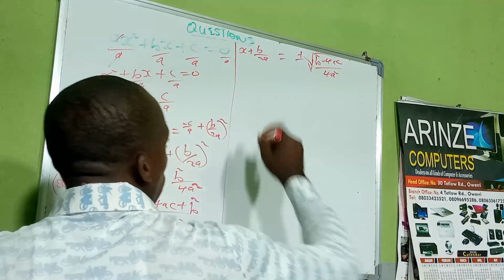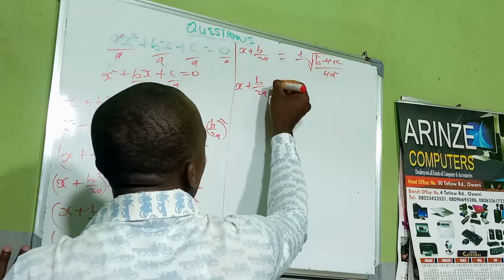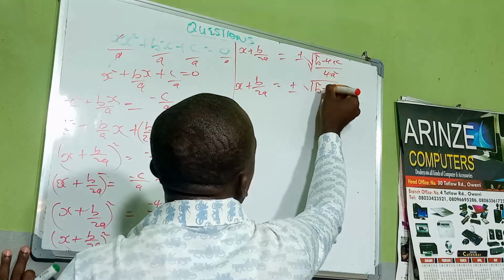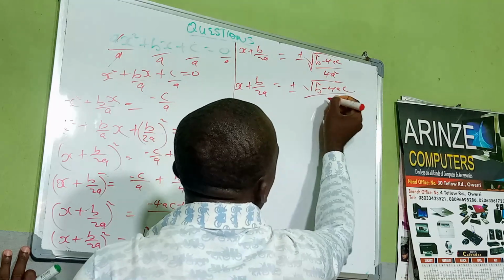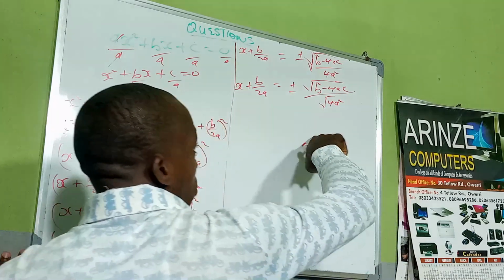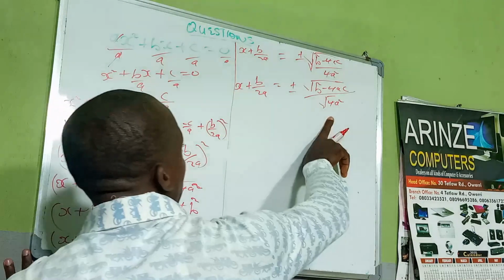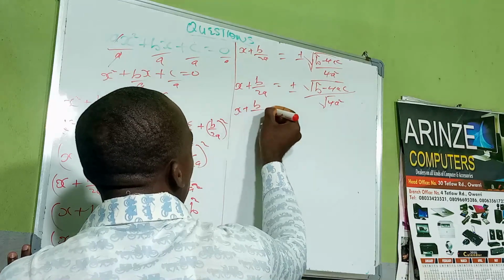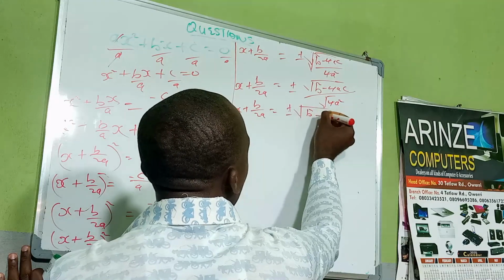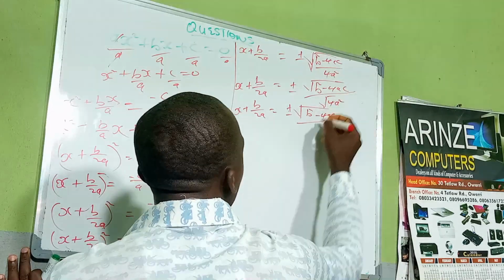So if we simplify here, we have x plus b over 2a is equal to plus or minus the square root of b squared minus 4ac, all over the square root of 4a squared. I'm just trying to break this down for a better understanding. So we have x plus b over 2a equal to plus or minus the square root of b squared minus 4ac all over the square root of 4a squared, which is 2a.